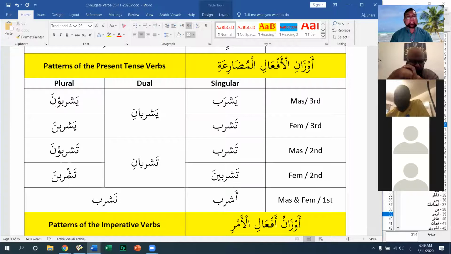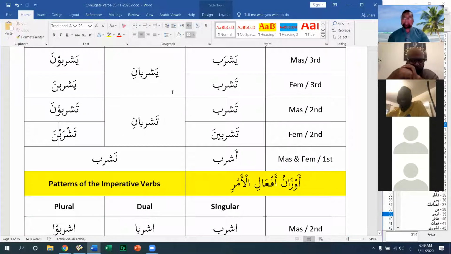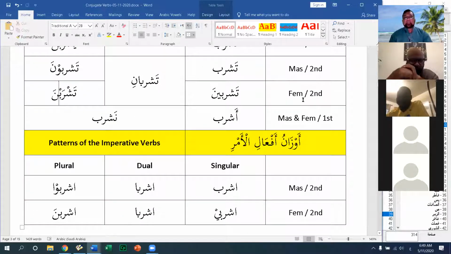So it would be like this. Okay, that women thing is hard. Actually, the female forms of the verbs are harder, but you get used to it. نحن نشرب.